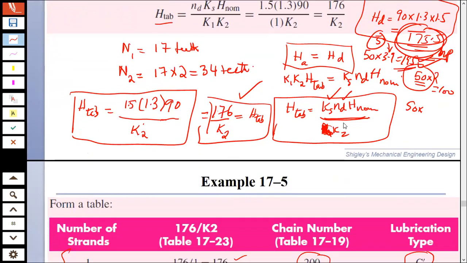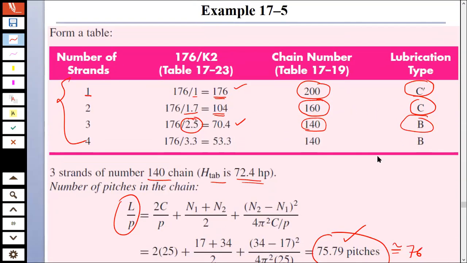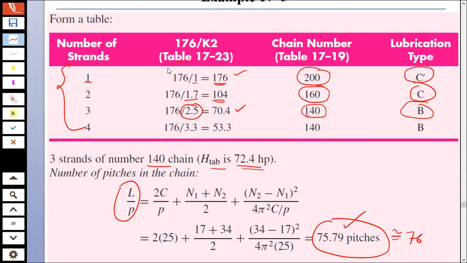Sir, please repeat this, I don't understand this, what you explained with the 50. Okay, I was talking about this table. This is just an exercise that we did to choose different options. For example, let's say you have to transmit, I said you have to transmit 50 horsepower.